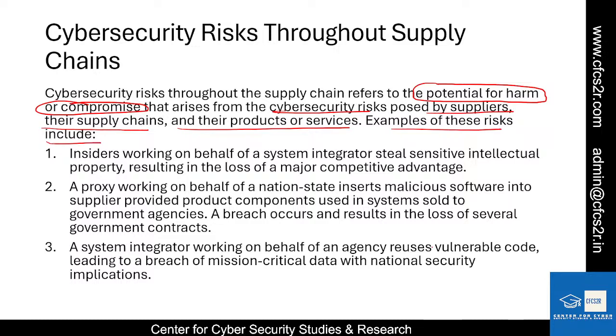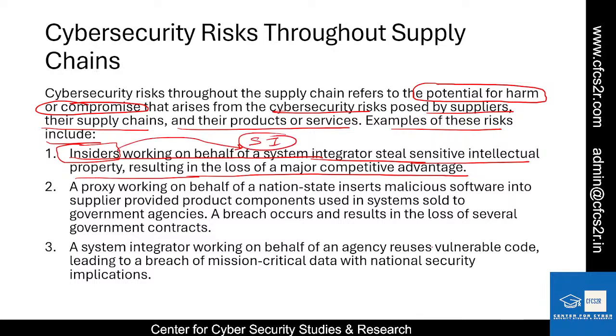Examples of these include insiders working on behalf of a system integrator who steal sensitive intellectual property, resulting in loss of major competitive edge. Second, a proxy working on behalf of a nation state inserts malicious software into a supplier-provided product component used in a system sold to government agencies.